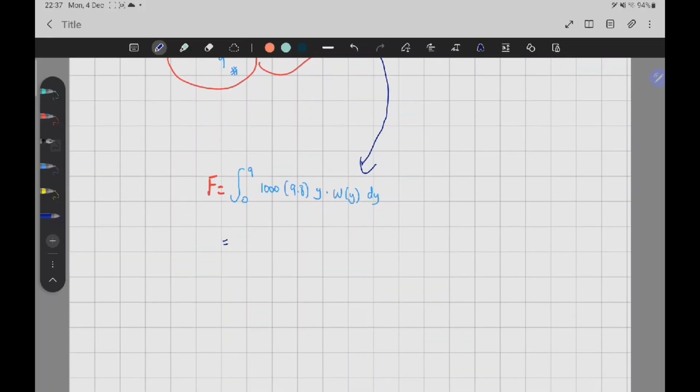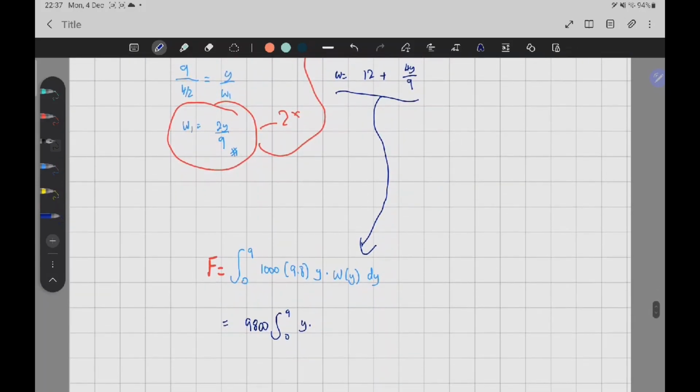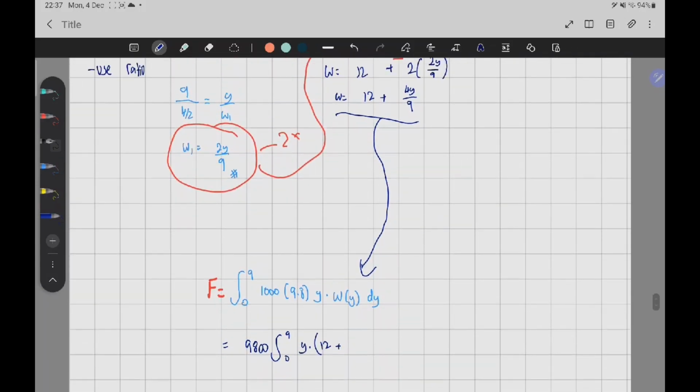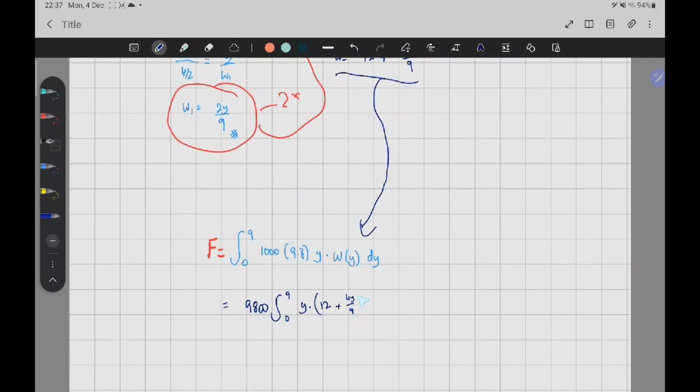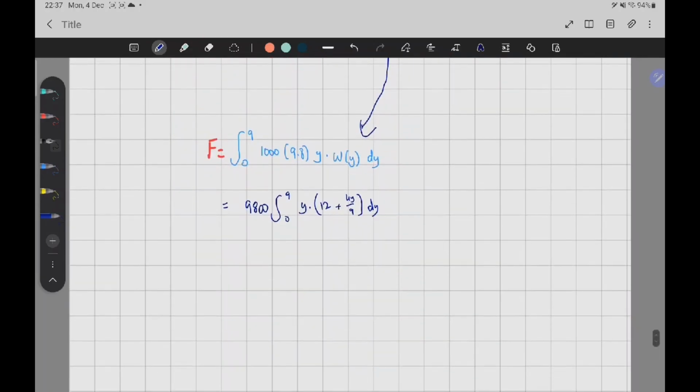You can start by multiplying 1000 and 9.8. Put in the outside 0 to 9, and we shall have y multiplied by our equation from here, so 12 plus 4y over 9, times y.